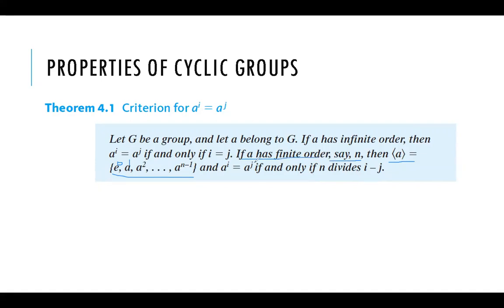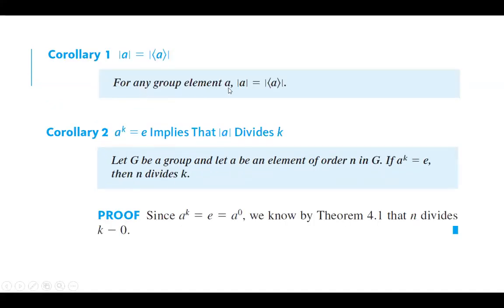If the order of the element is finite, then the number of elements in the subgroup generated by a will be equal to the order of the element. So this is our first corollary: for any group element a, the order of the element and the order of the cyclic subgroup generated by that element are the same.